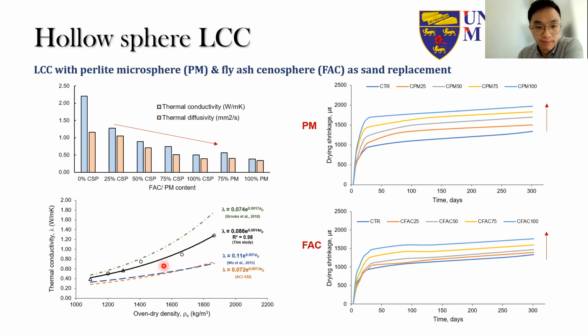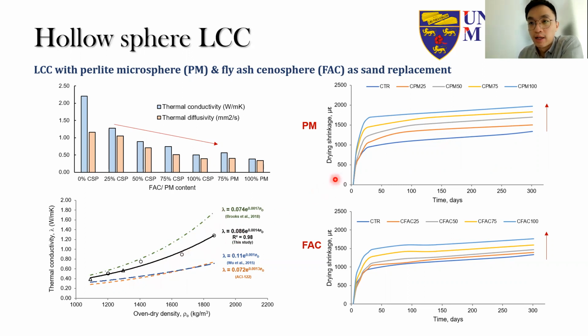And the range of the thermal conductivity is also very well fitted to what we find from the literature. So we can see there are different references that we compare, with lightweight materials of different densities and the corresponding thermal conductivities. So it fits very well into the normal range.